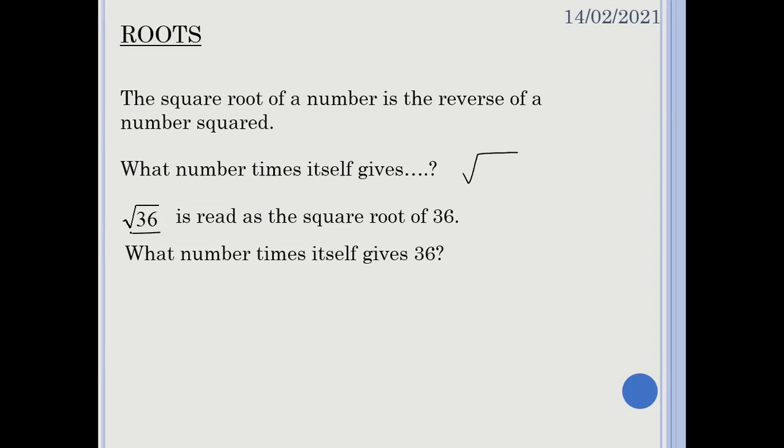We can see here we've got square root of 36. So what I've got to ask myself is, what number multiplied by itself gives me 36? Well, if you are good with your times tables, you'll know that 6 times 6 is 36. So we can write that as the square root of 36 is equal to 6.